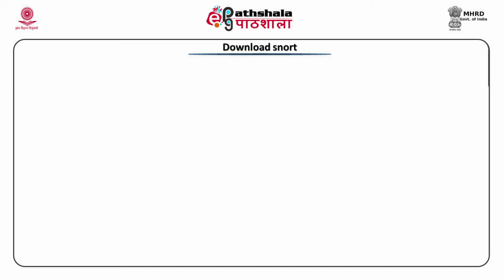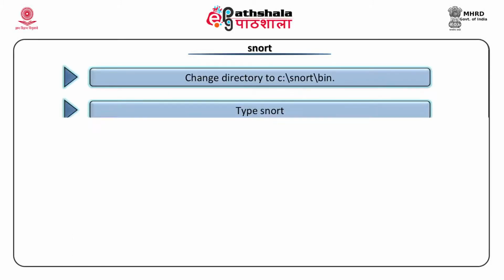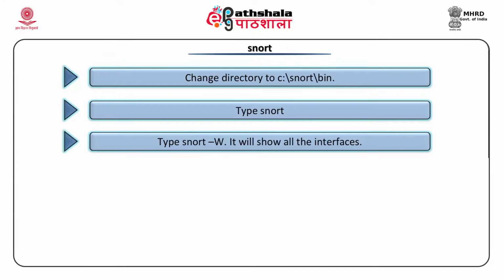For Snort, first download the installer, which is available on the site. If you type Snort download installer in Google, you can easily download it. Once installed, Snort can be found in the C drive where you installed your programs. There you find the Snort directory, and in that you have a bin directory.